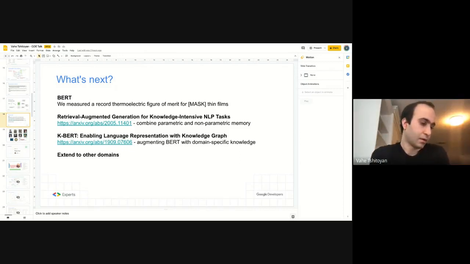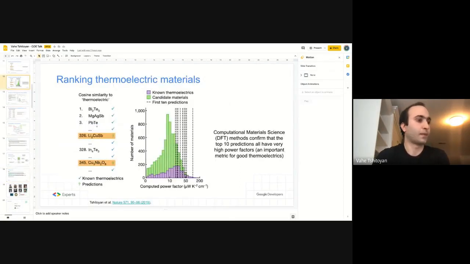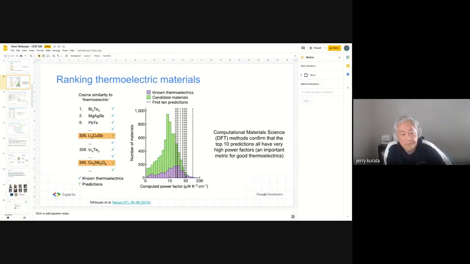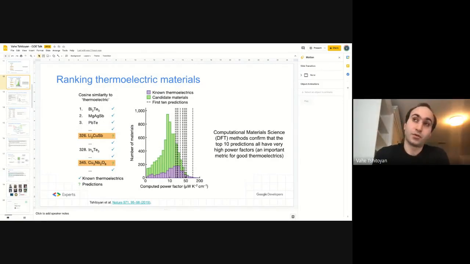Yeah, it's a very good question. The standard approach is using density functional theory (DFT) calculations, which are the ones that I showed here. But they're usually very expensive. They run on big supercomputers, and it takes a very long time to run on even one material.